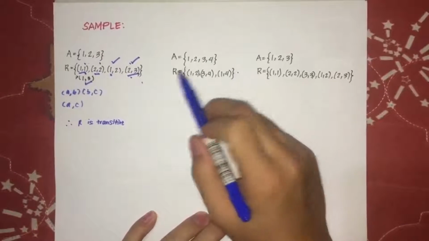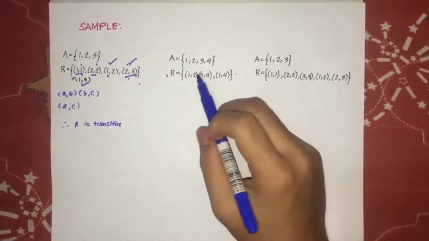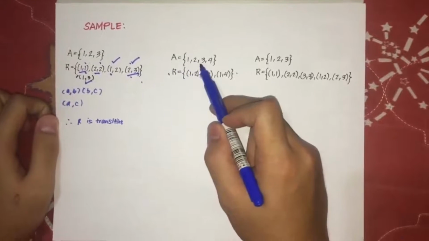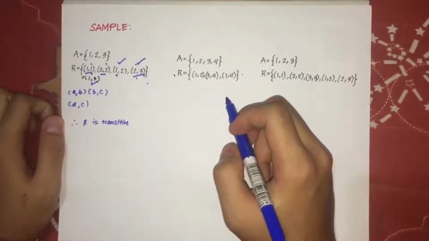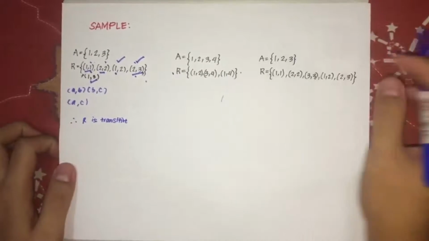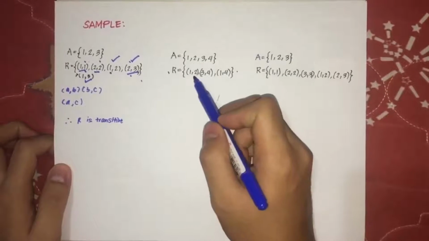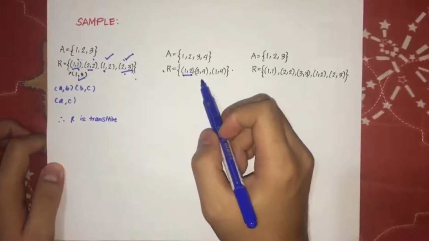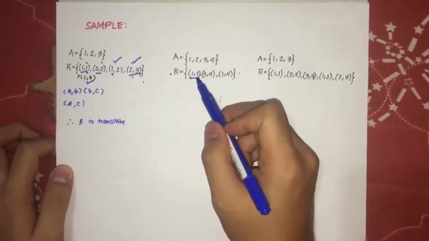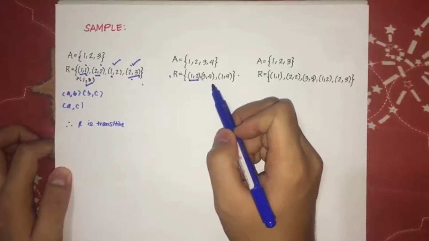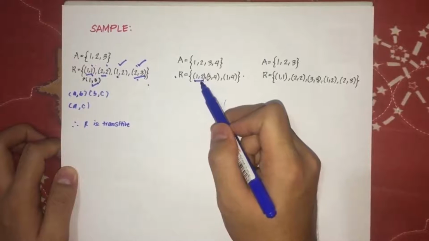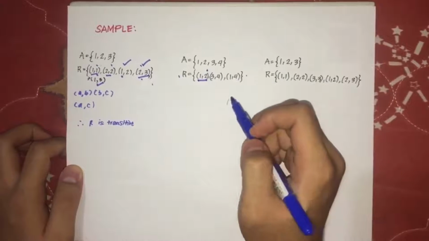Next, in sample number 2, we have this relation which is defined from set A that contains 1, 2, 3, and 4. In this condition, we notice that for the first given ordered pair, there is no other ordered pair which has as its first element the last element of the first ordered pair, which is number 2.